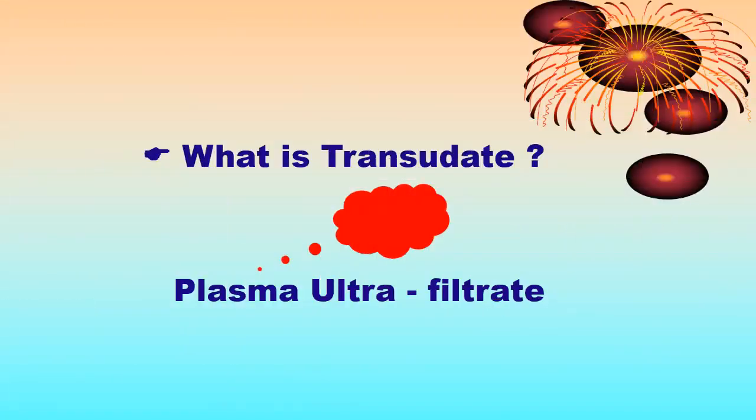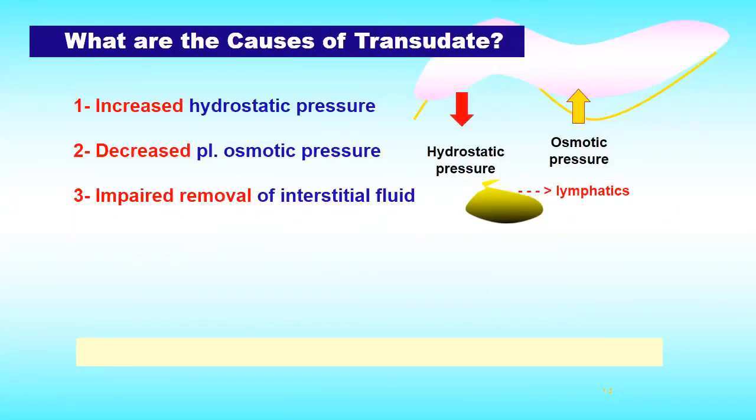What is transudate? How does transudate differ from inflammatory exudate? So, transudate is plasma ultrafiltrate. What are the causes of transudate? Transudate is caused by one of the following. First, increased hydrostatic pressure, as in congestive heart failure due to impaired venous return.